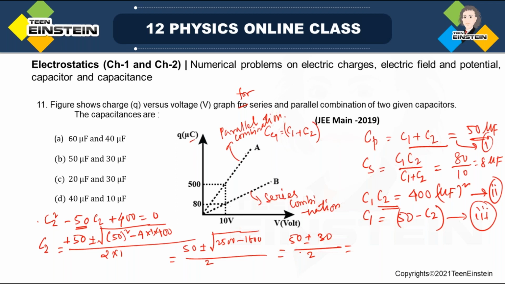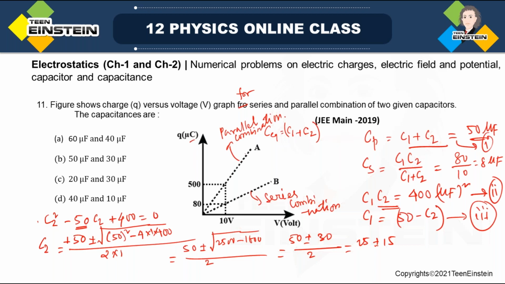Okay, so if I just divide by 2, we'll get 25 plus or minus 15. Now this can be plus or minus. Okay, so if we take plus, that will give you 40, right?